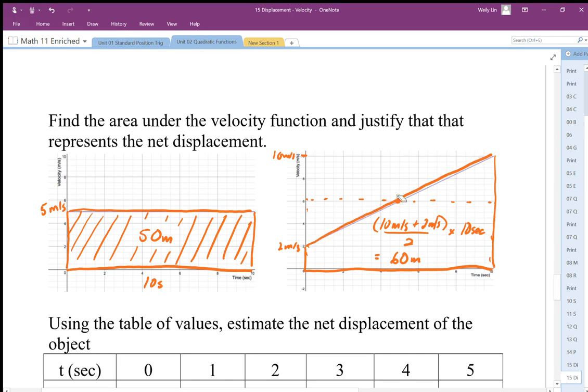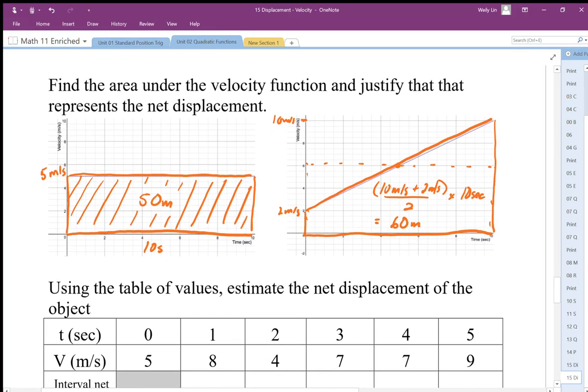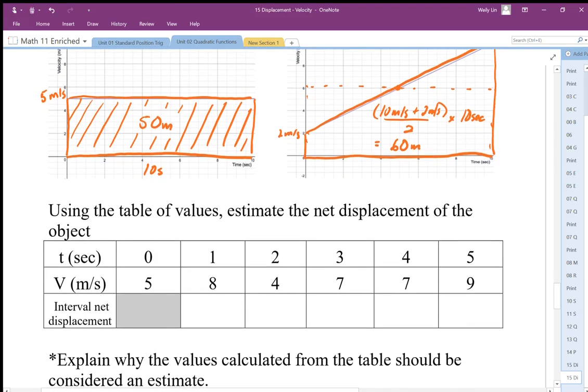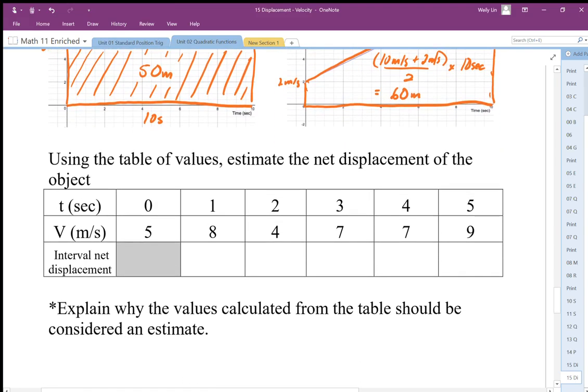Okay, so this is how we're going to find the displacement when the velocity is changing. We're just going to find the area under this curve and say that that's going to be our displacement. Okay, so let's try this then.